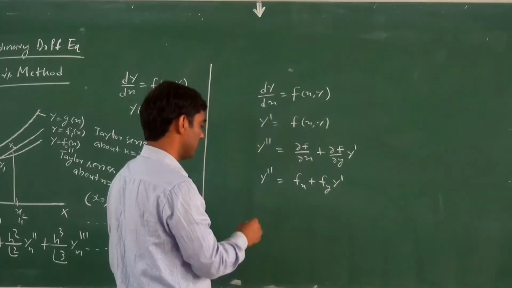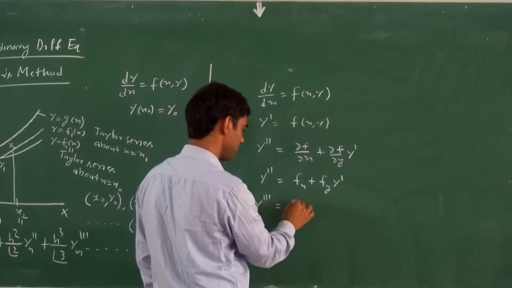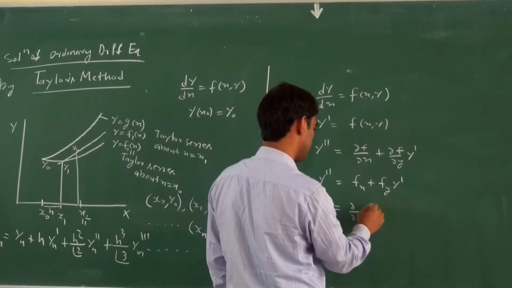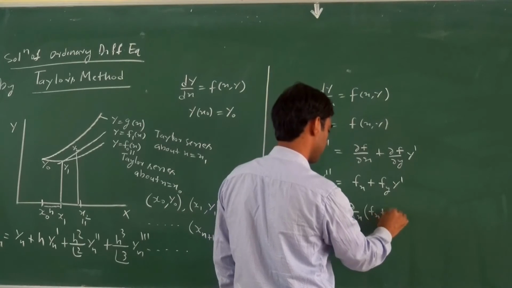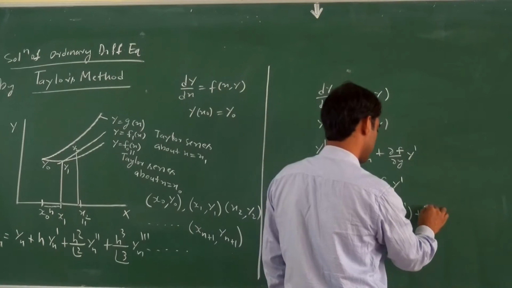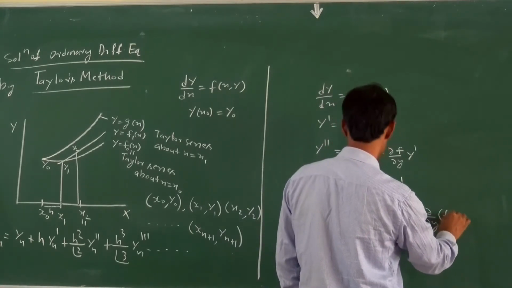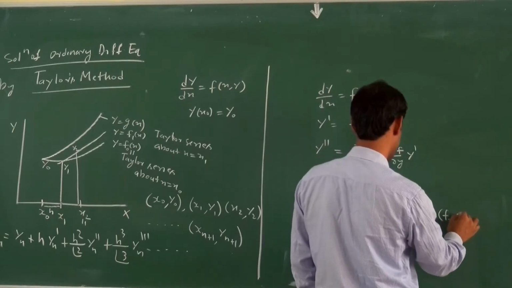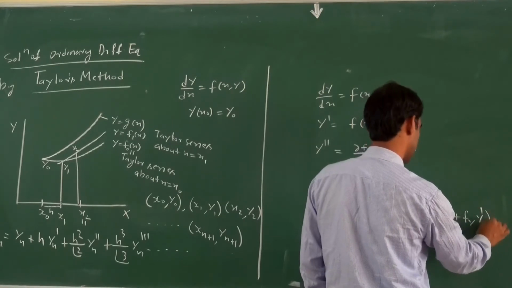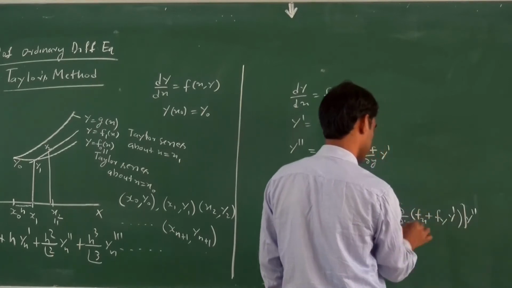Now similarly, to find y triple dash, we take del by del x of y double dash, which gives fx plus fy y dash, plus del by del y of (fx plus fy y dash) times y dash, and so on.